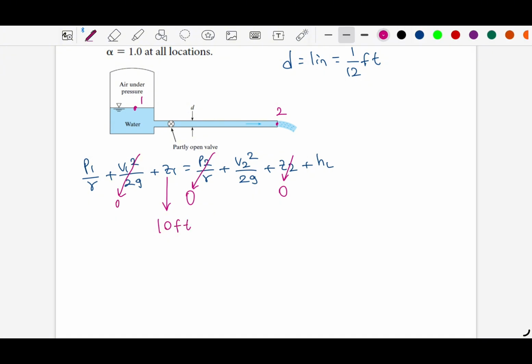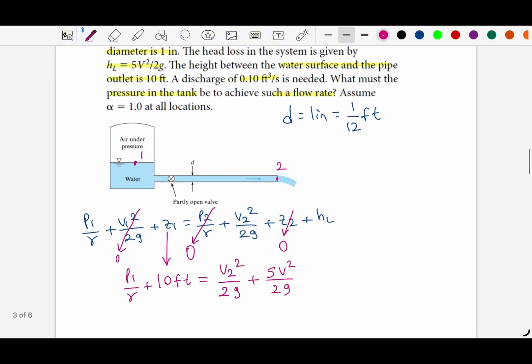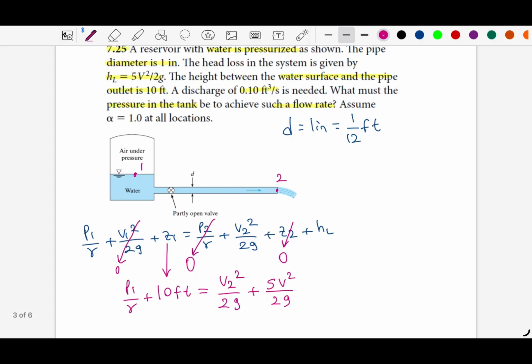And we have p1 over gamma plus 10 feet equal to v2 square over 2g plus 5v square over 2g. Let me check it again. Yes.